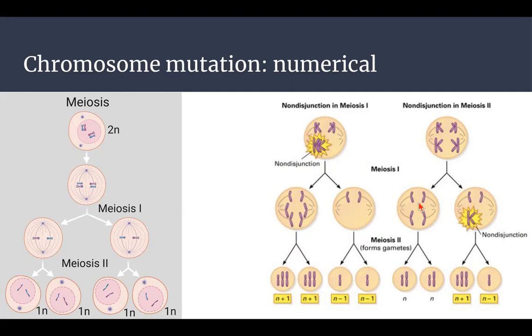Now, when you're pulling your pairs of chromosomes apart to produce those eggs and sperm, sometimes the spindle snaps. And so instead of pulling one to each side, the spindle is actually pulling both chromosomes towards one end. And you can end up having the wrong number of chromosomes inside the egg or inside the sperm.